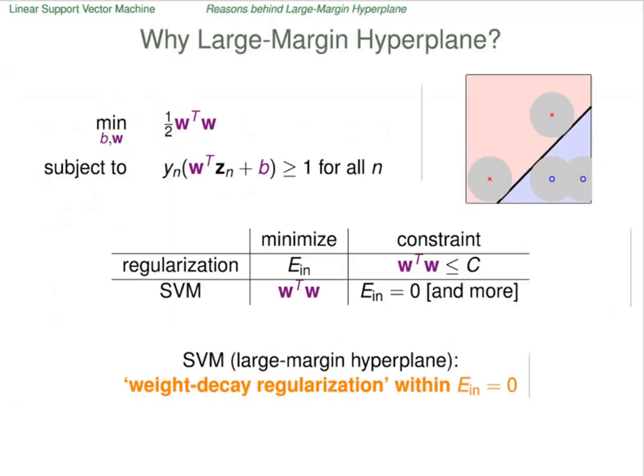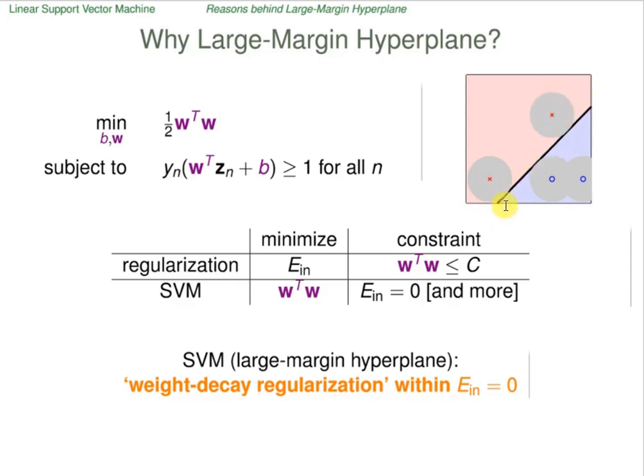Let us recall why large margin hyperplanes are needed at all. A large margin hyperplane, we said, is safe with respect to measurement error. If it classifies the data points correctly, no matter where in its region of uncertainty the data point lies, it's still on the correct side of the separating hyperplane.